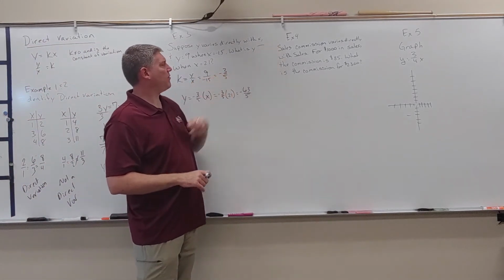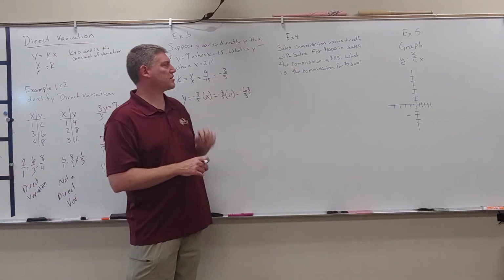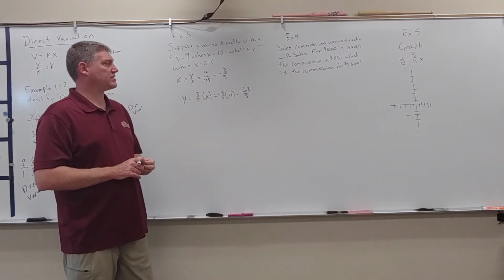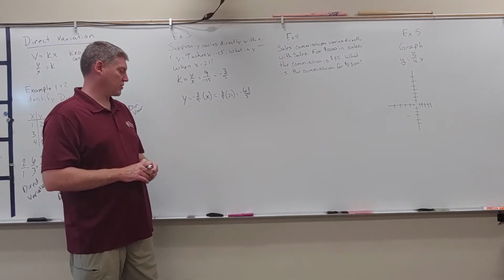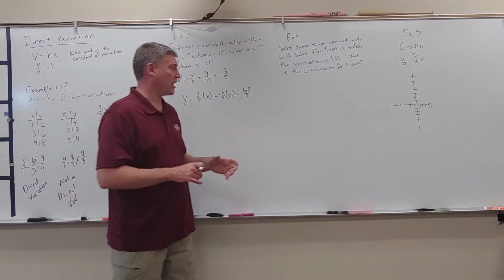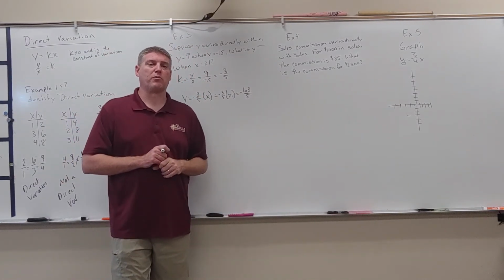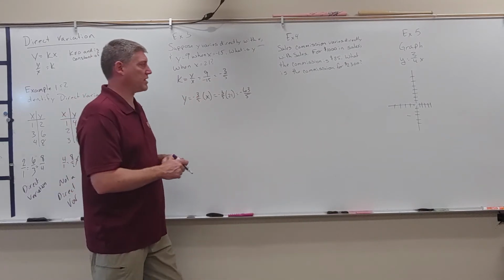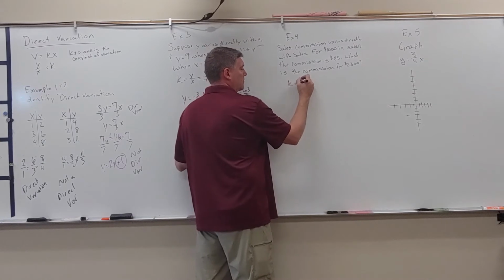Okay. Now, example 4 is a story problem based on direct variation. It says sales commission varies directly with sales. For $1,000 in sales, the commission is $85. What is the commission for $2,300? Now, you could solve this through proportions. That is true. But we're working on direct variation, so I'm going to set it up as a direct variation. So k equals y over x.